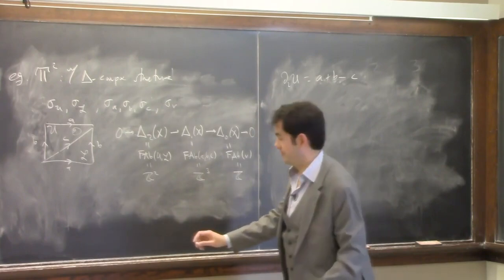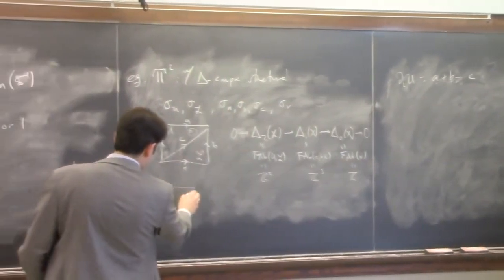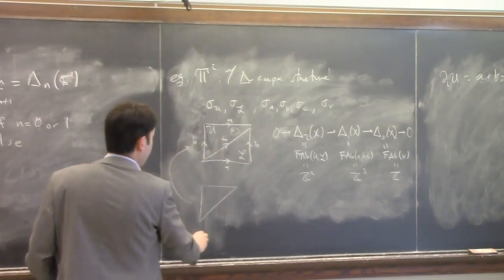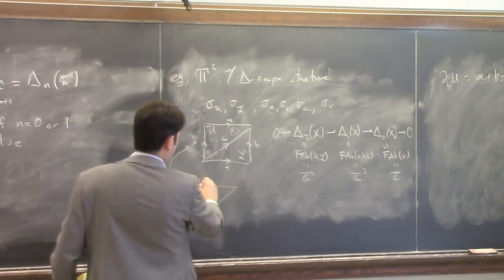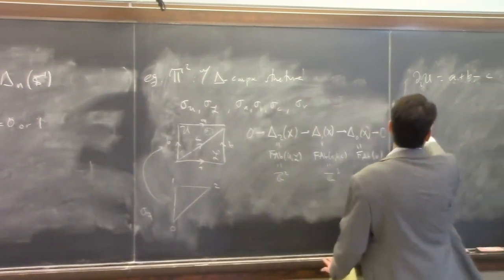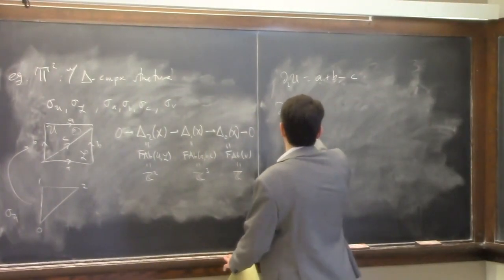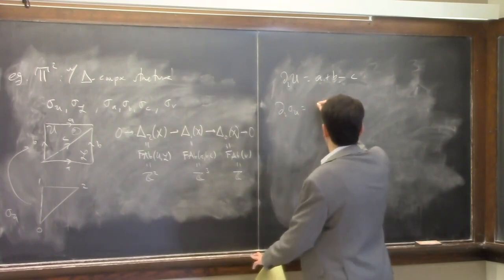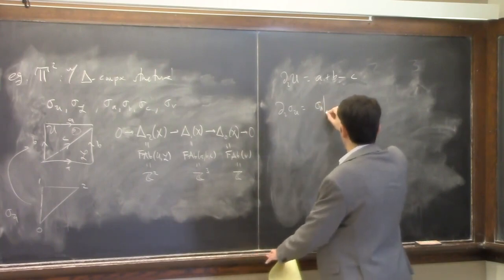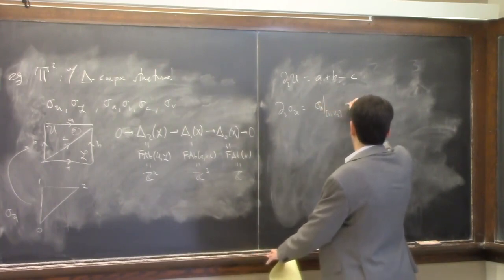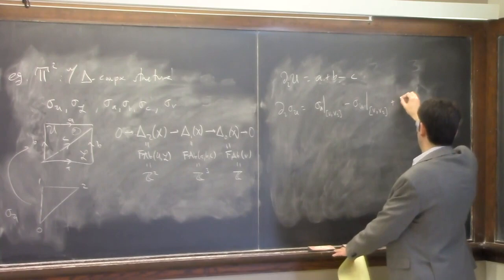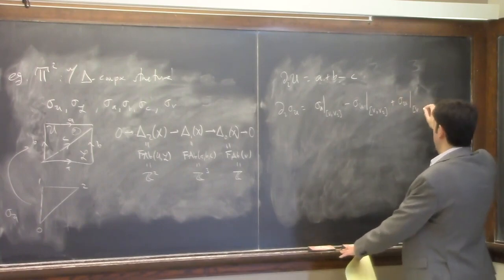So let's do it carefully. We know that sigma U has vertex 0 here, 1 here, 2 here. So the boundary of sigma U is equal to sigma U restricted to V1, V2 minus sigma U restricted to V0, V2 plus sigma U restricted to V0, V1.